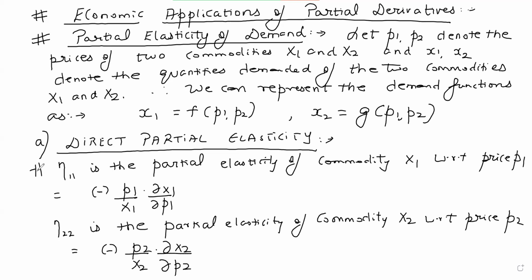So eta 11 is the direct partial elasticity of commodity X1 with respect to its own price P1. Eta 22 is the direct partial elasticity of commodity X2 with respect to its own price P2. All of us know that partial elasticities measure the degree of responsiveness of the change in quantity demanded with respect to the change in price of that commodity, keeping all other factors constant. We know the definitions of elasticity from the microeconomics course.